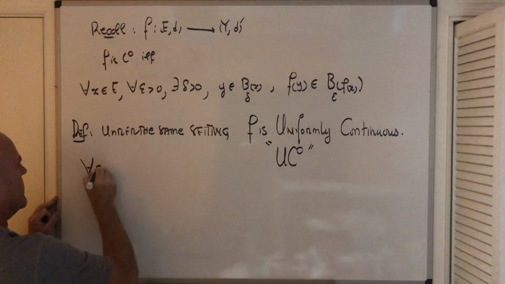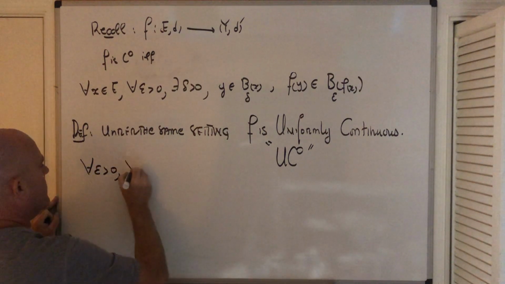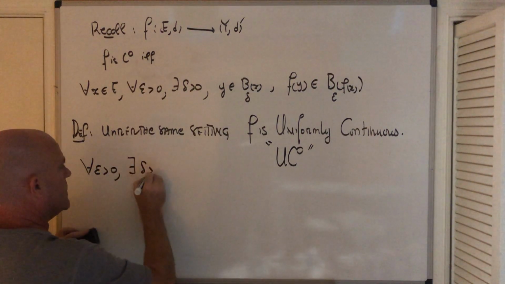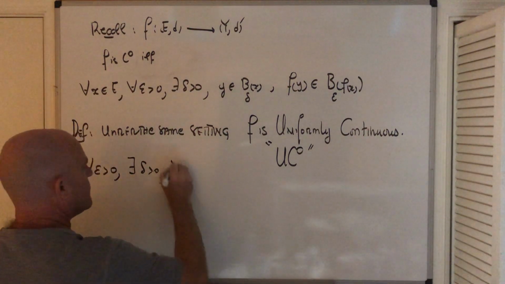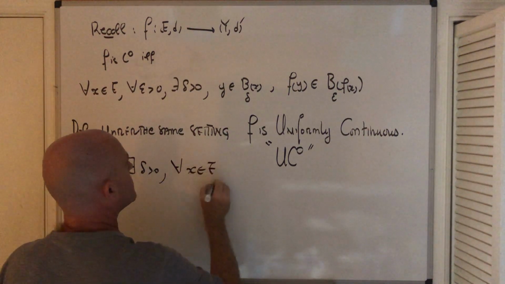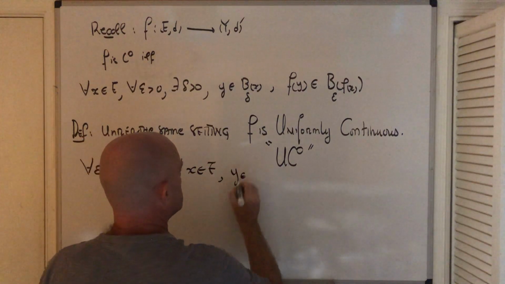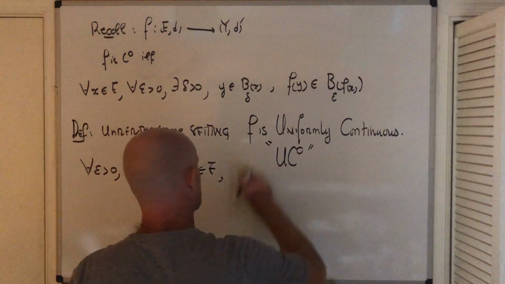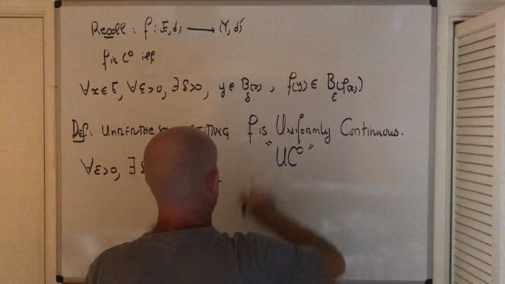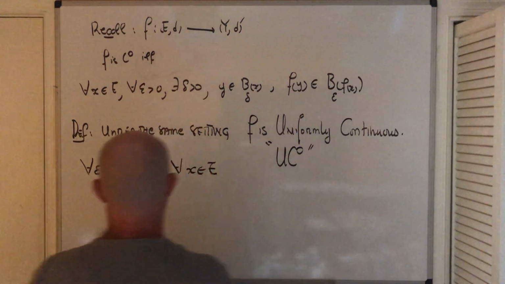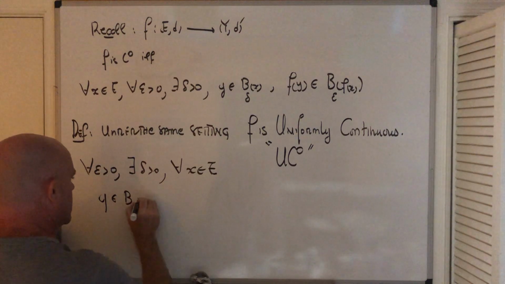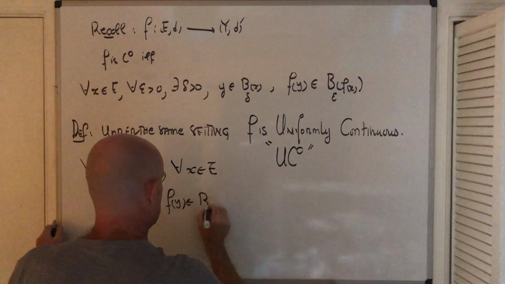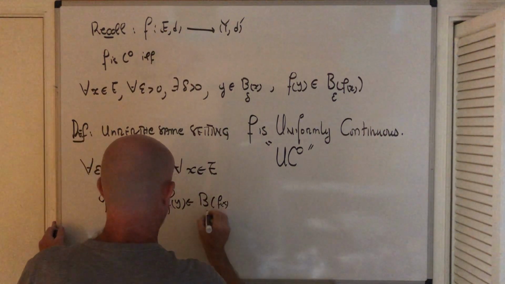So for all epsilon positive, there exists a delta positive such that for all x belonging to E, if y belongs to the ball centered at x and of radius delta, then f of y will belong to the ball centered at f of x and of radius epsilon.